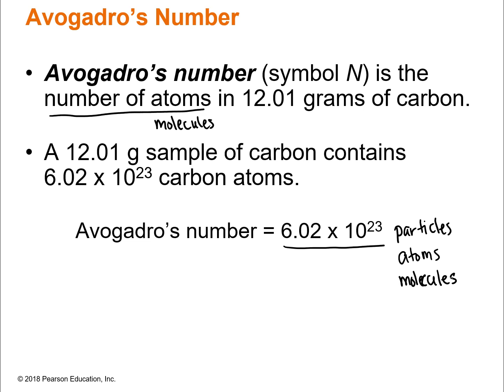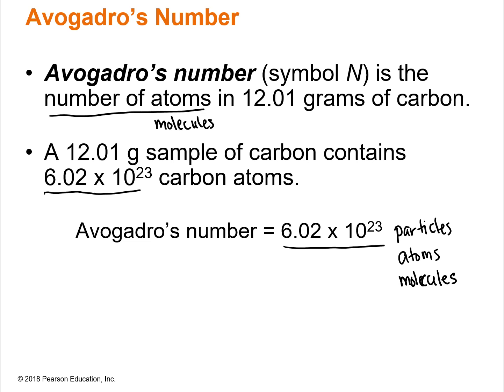So it's a number that you need to become familiar with. I'm not going to give you Avogadro's number for the exam. But if you have a sample of carbon that was 12.01 grams, you would have 6.02 times 10 to the 23rd carbon atoms.